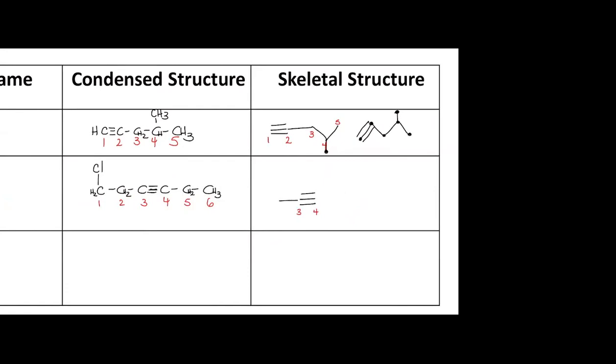Connected to carbon 3, I have carbon 2. And because carbon 2 is tetrahedral, I can actually show that it's tetrahedral, so I will move it down. This is carbon 1. And attached to carbon 1, we have the chlorine.